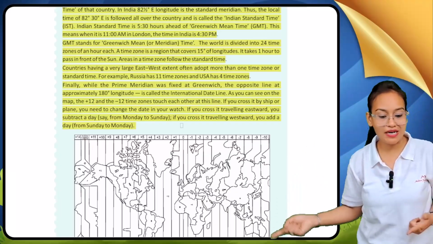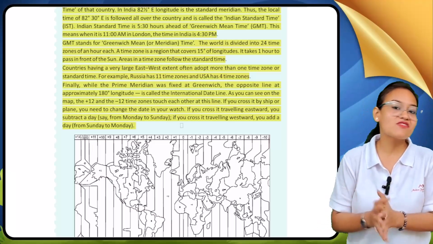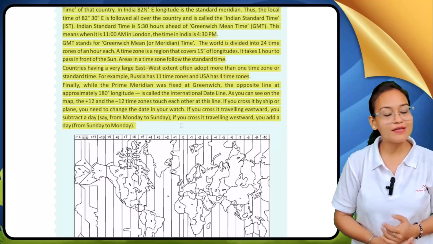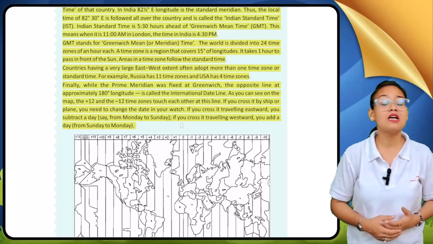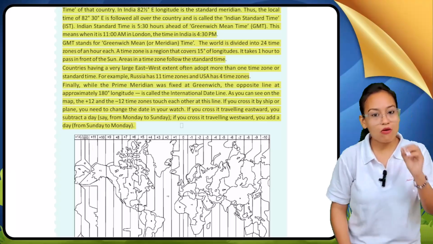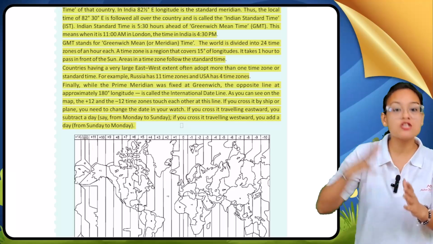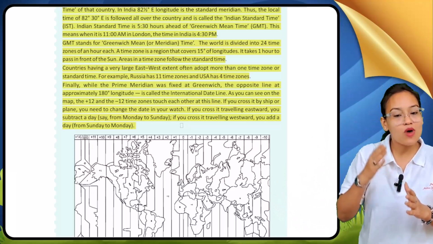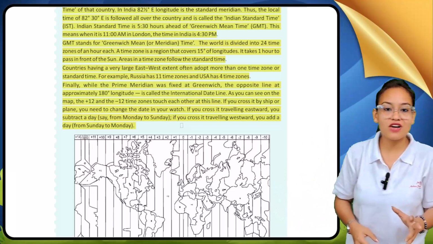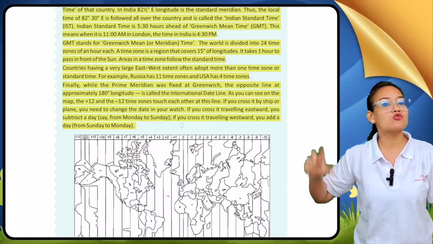Again I'm repeating, our world is divided into 24 time zones. It is not possible to follow all 24 time zones at a single place. So 180 degree longitude, the opposite of our prime meridian, is divided into 12 time zones in the east direction and 12 time zones in the west direction.